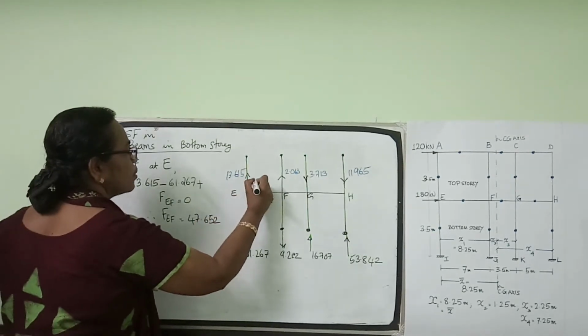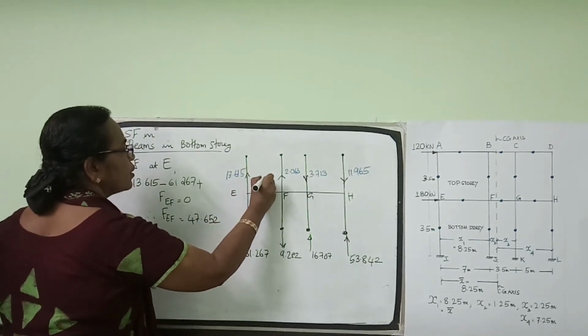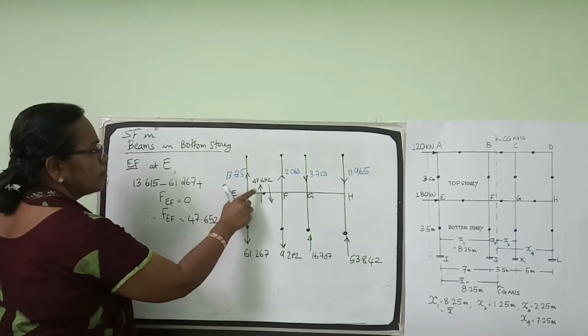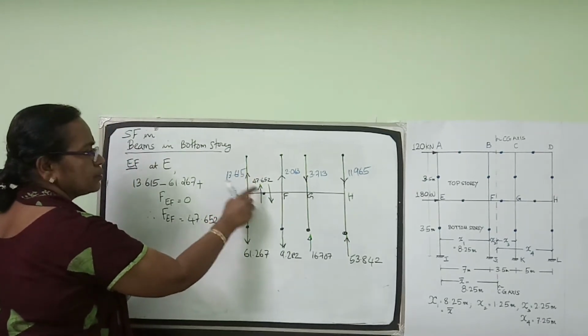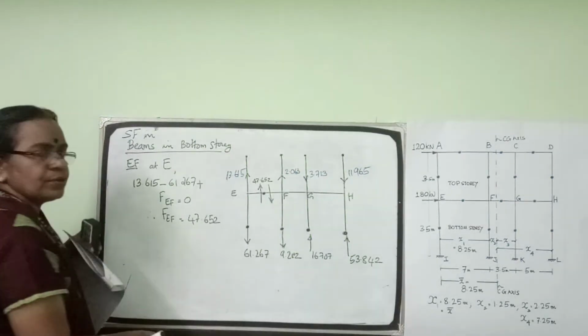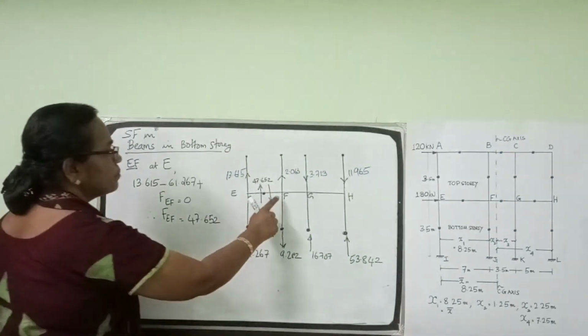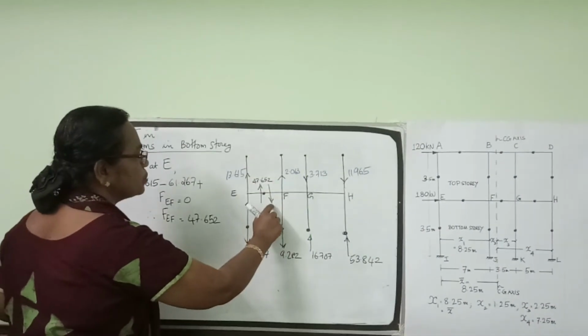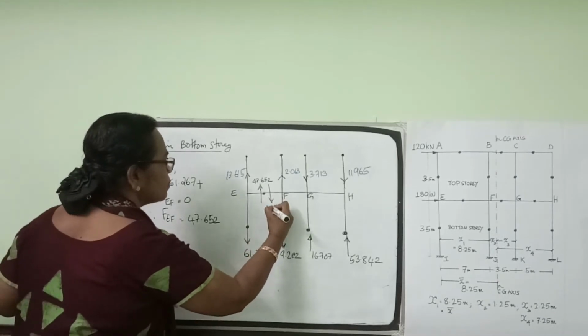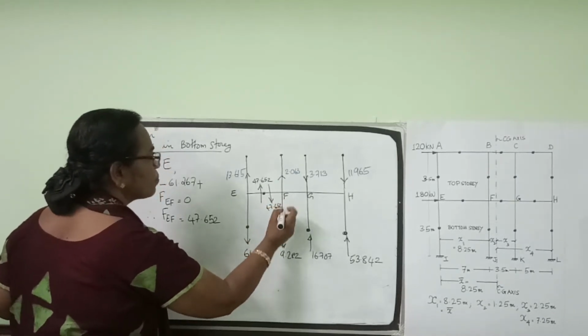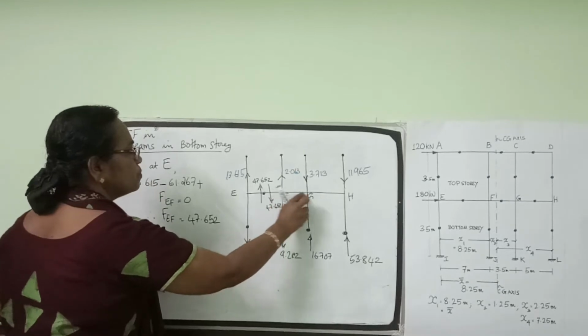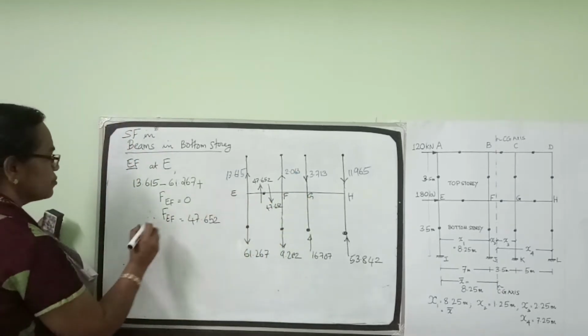That is 13.615 plus 47.652, which will be equal to 61.267. If this is 47.652, on the other side this should also be 47.652.